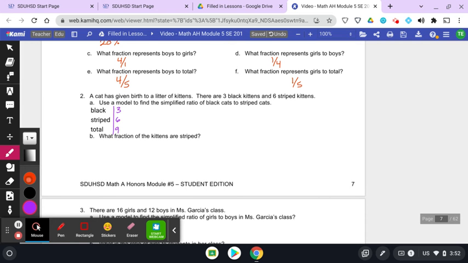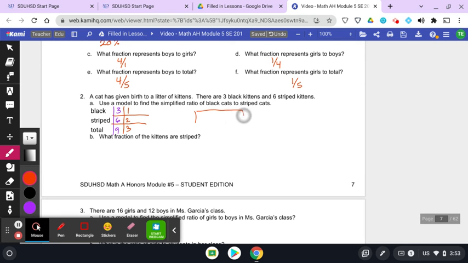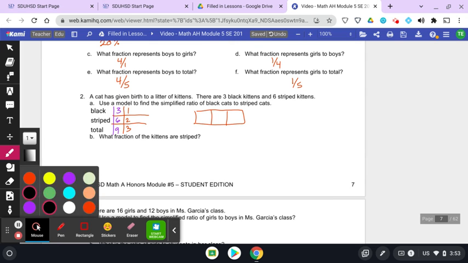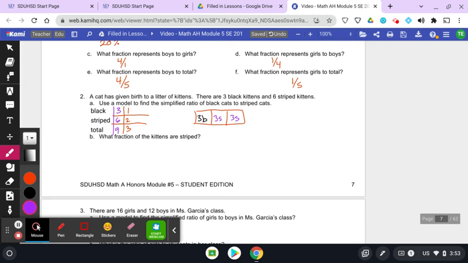I want to think of that as reduced. Reduced, those are all factors of 3. I can make that 1, 2, 3. If I wanted to draw a model, I would have 3 sections. One of the sections would have 3 black cats in it, and 2 of the sections would have 3 striped cats in it for a total of 9 kitties.